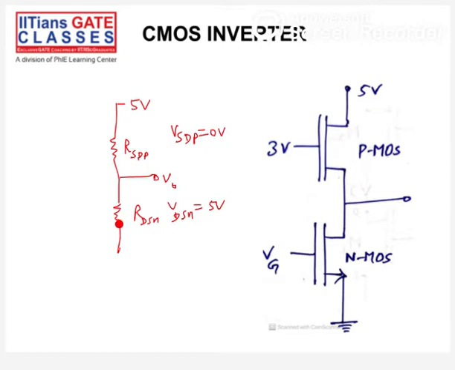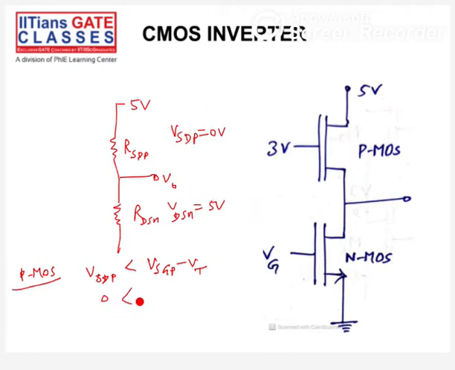Now from this, for the PMOS, VSDP is less than VSGP minus VT, meaning it is zero almost. Here I have shown it is zero almost.